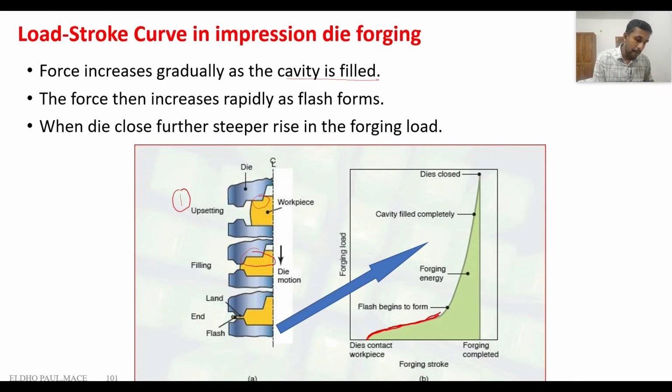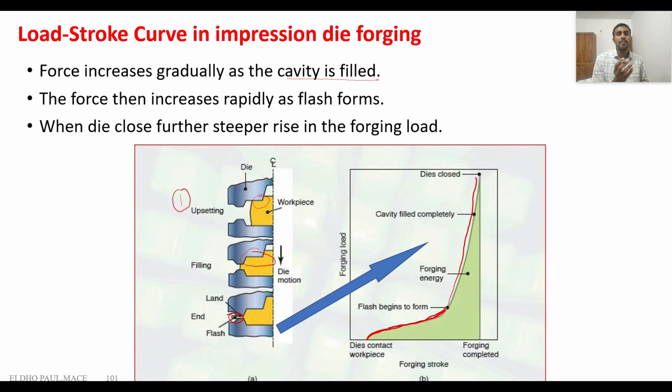But at a particular stage, flash is formed. That means when the flash is formed, the cavity is almost filled with the material. Not 100%, but almost filled. Then after the formation of flash, we can see a sudden rise in forging force. What is the reason? When the flash is formed, the material has to flow into very sharp corners.